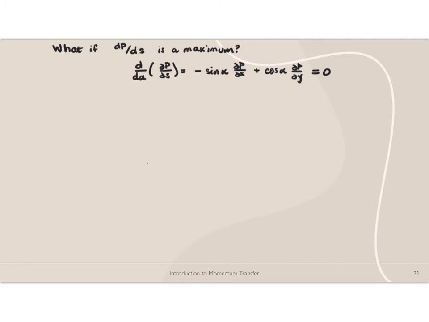What about the path where dP/ds is a maximum? If it's the maximum, then the derivative with respect to our angle alpha would be 0, or we can write that d/dα of dP/ds is, okay, so if we took the derivative of cosine of alpha, we're going to get negative sine of alpha ∂P/∂x.